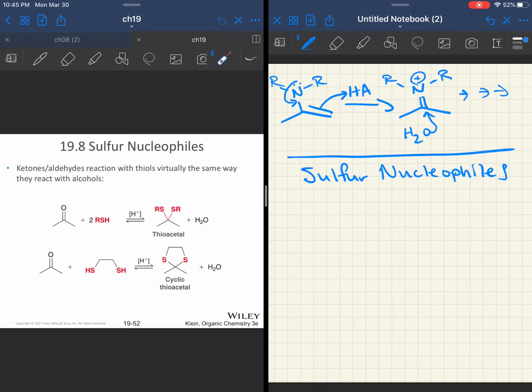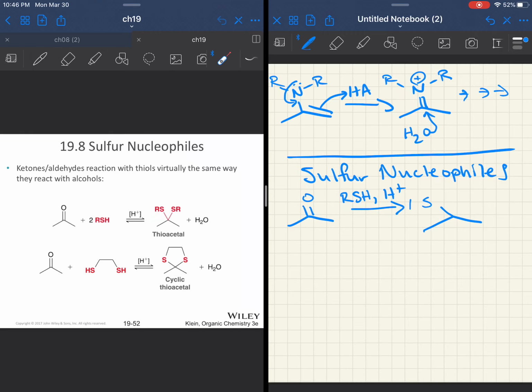This is a fairly short section. Sulfur nucleophiles work almost identically to oxygen nucleophiles. So instead of an acetal, we are going to make a thioacetal. So instead of an alcohol, we're looking at a thiol.